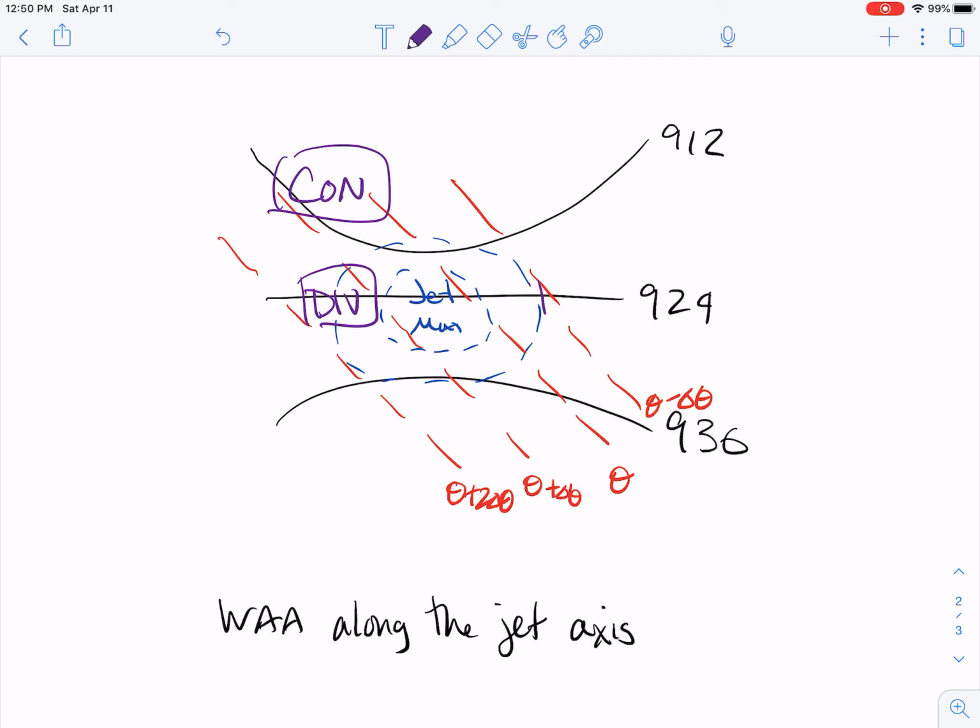In our exit region, we'll have divergence along the axis and our convergence further to the south. And so now, along our jet axis, we have rising motion, which is going to start to weaken our upper level positive PV anomalies, weaken our ability to have cyclonic circulations associated with that type of system. And so again, warm air advection along this jet axis would not be conducive to helping increase the strength of our synoptic scale low pressure systems.